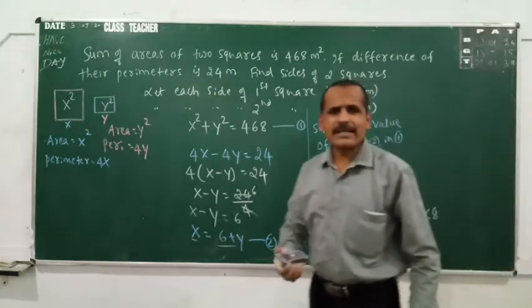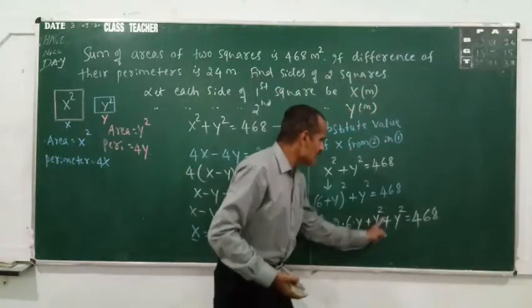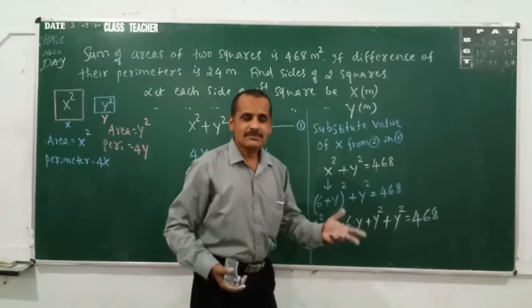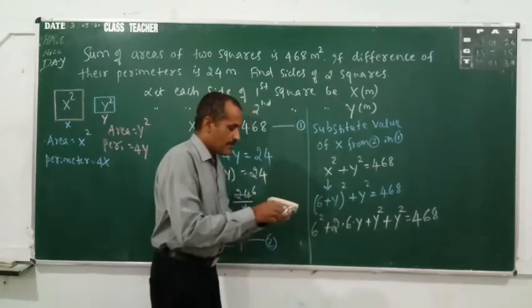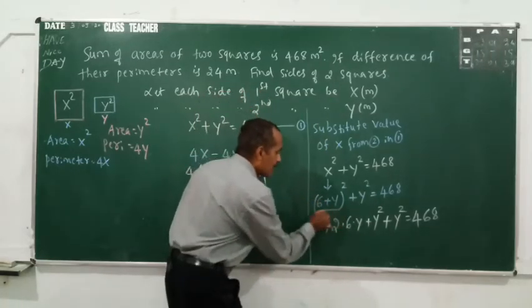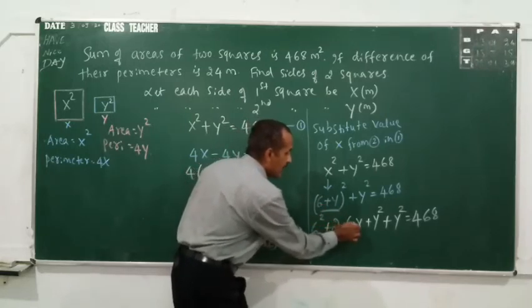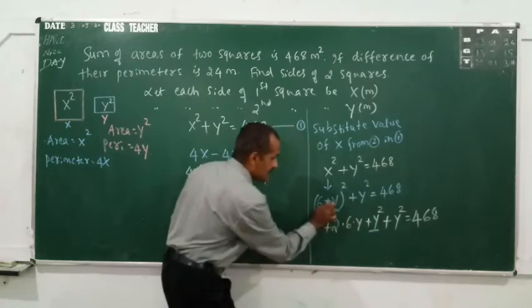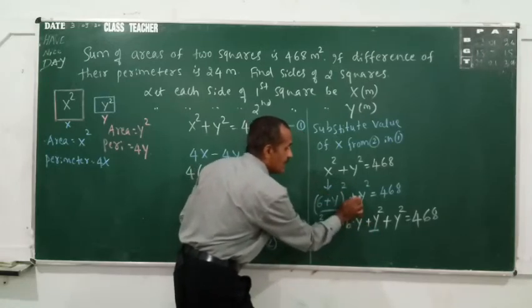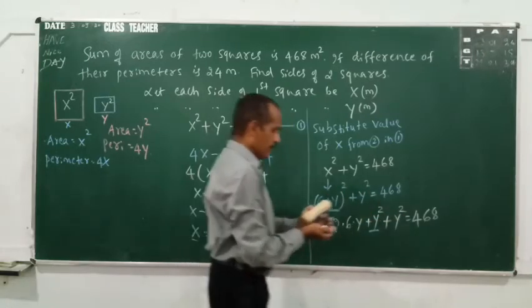Sometimes my students get confused: Sir, this 2y square, from where has it come? My dear children, I will explain. The expansion of (a plus b) the whole square is a square plus 2ab plus b square. This square has come here and this square I have written here. Okay?